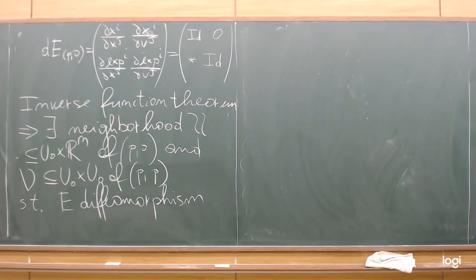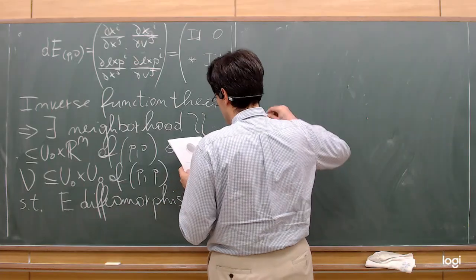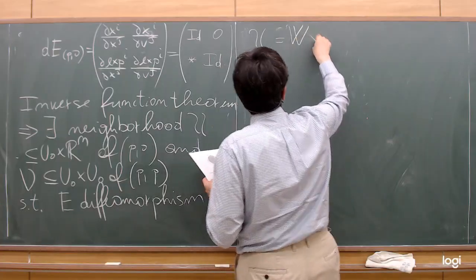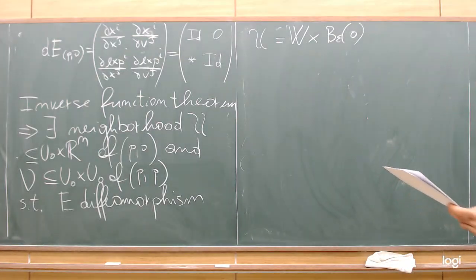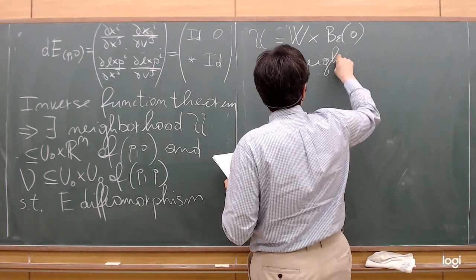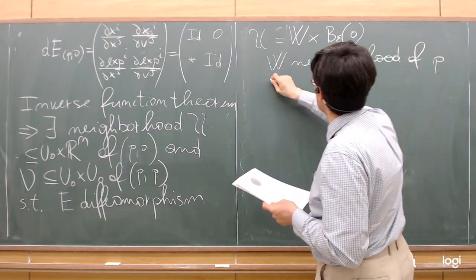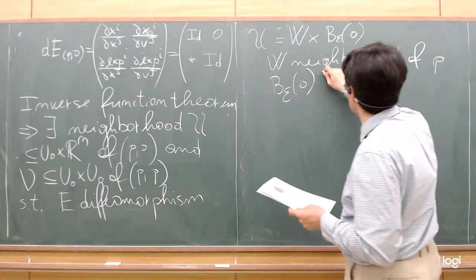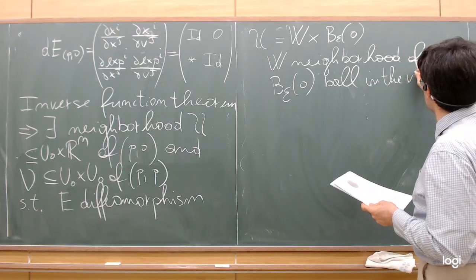Now we can make these neighborhoods smaller and assume that U is a set of the form W times B_epsilon(0), where W is a neighborhood of p and B_epsilon(0) is a ball in the v coordinates.